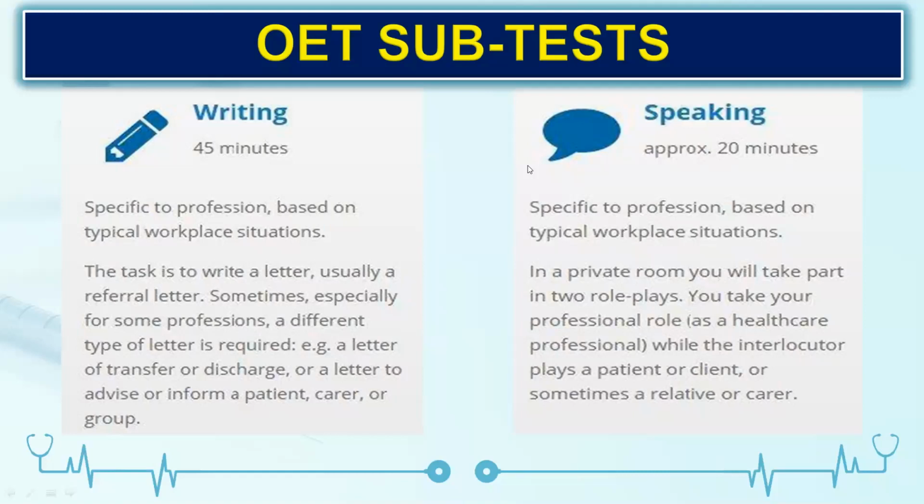You will take your professional role, like a doctor or a nurse, while the interlocutor plays a patient or client, or sometimes a relative or carer. And in the writing and speaking subtests, the content is different, specific to professions. So this is the difference between the OET subtests.